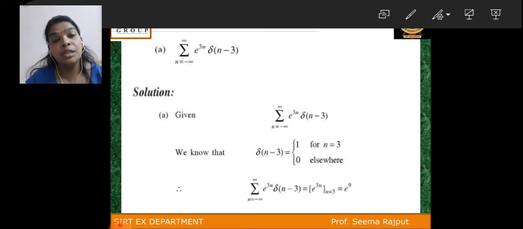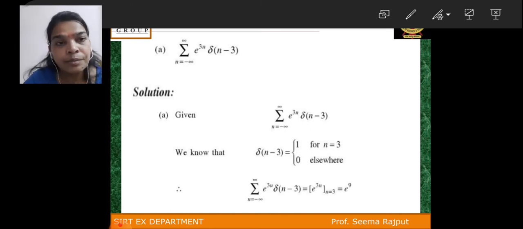With the help of this function we have to solve the summation. So del n minus 3, as given in the question, equals 1 for n equal to 3 and 0 elsewhere, that is, 0 for n not equal to 3.